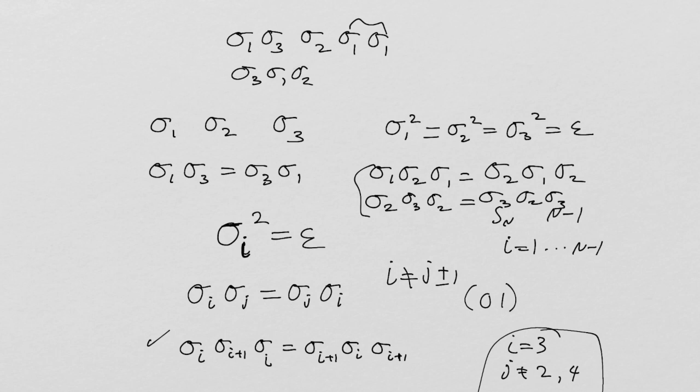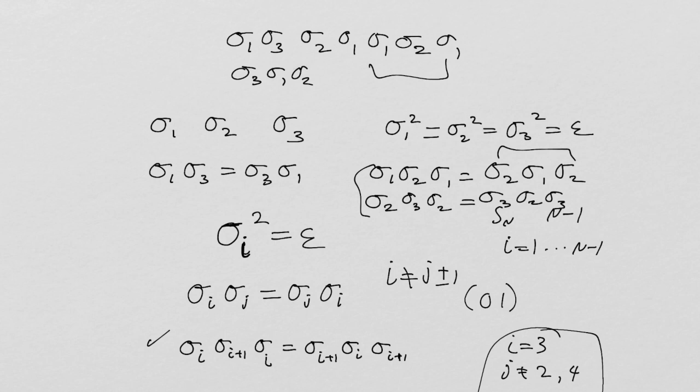But if you were to roll up this word and you had, say, in here sigma 1, sigma 2, sigma 1, like that, then you know that this could be replaced at least by that. Ultimately, one way or another, you can produce all of the different permutations using this formula. Now, this is very abstract.